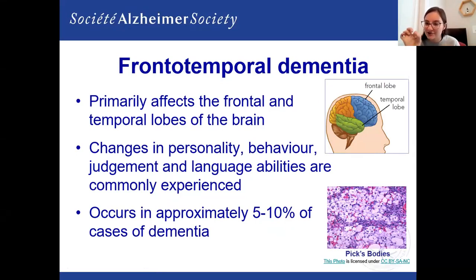There's all these little silver bodies on this bottom picture. There's also ones where the brain cells shrink and die. So it's not one kind of disease, frontotemporal dementia. Pardon me, it can be caused by many different things. But again, you'll see that personality, behavior, emotion, language, even abstract thinking are involved in this type of dementia.